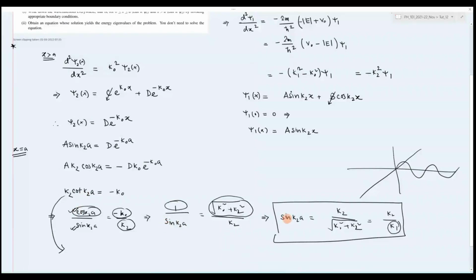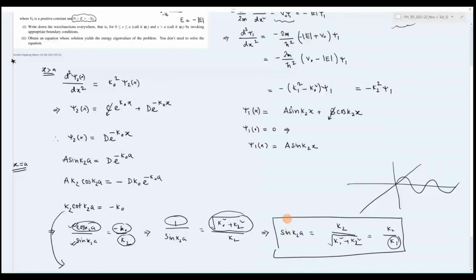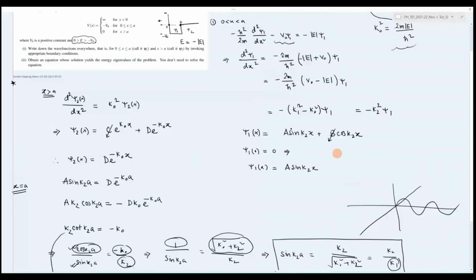Bhaiya, can I ask something? Yeah. For this equation, d2 psi 1 by dx2 equal to minus k2 square psi 1, when do we take this a sin k2x plus b cos k2x solution? When do we take the solution a e to the power minus k2x plus b e to the power k2x? This is a very good question.